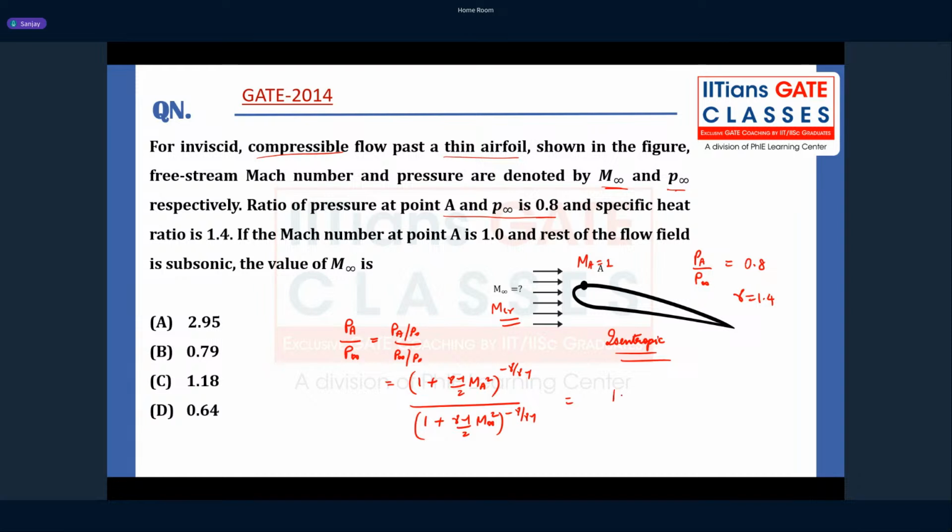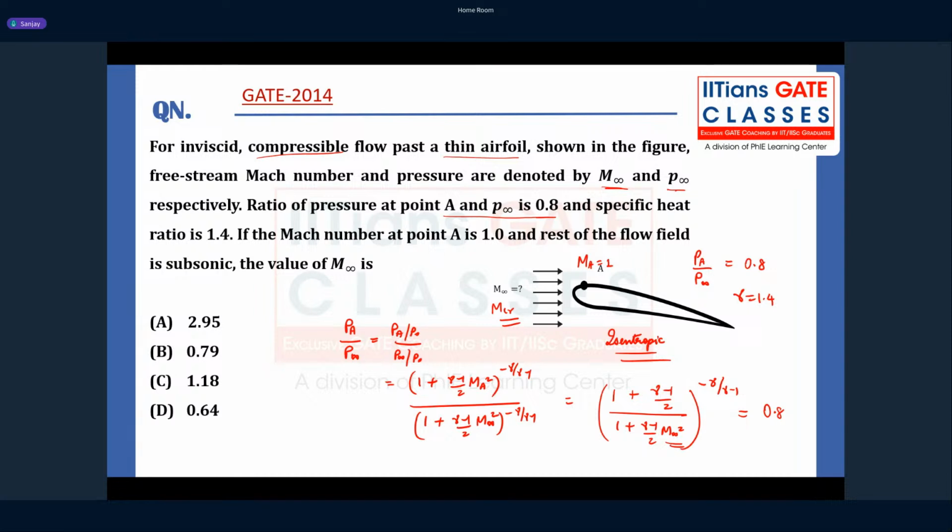So this can be simplified as 1 plus gamma minus 1 by 2, and so on, which is equal to PA by P infinity, which is 0.8. You know your gamma, which is 1.4, so you can find M infinity. How do I get this relation? This is from the isentropic relations.